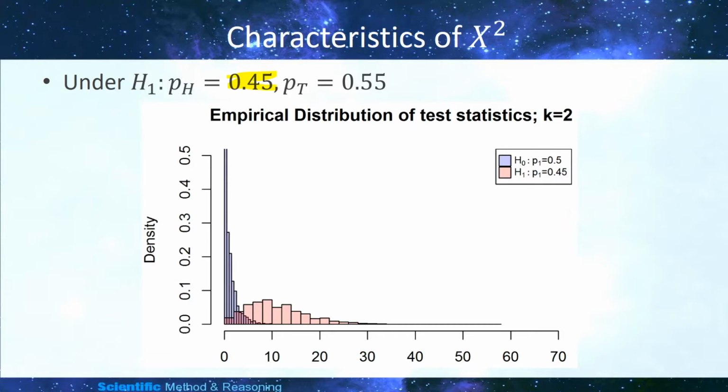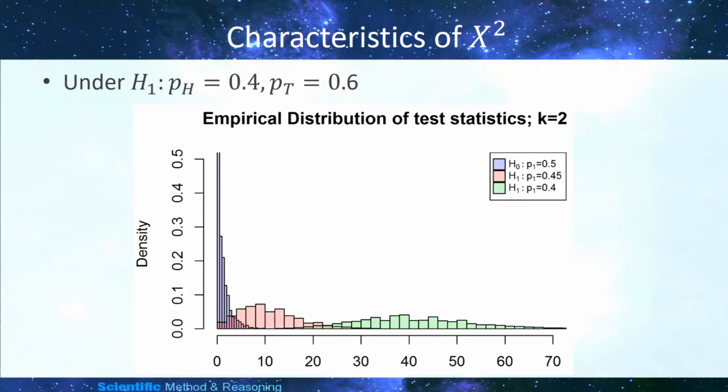The purple one is the distribution under the null, and the pink one is the distribution under the alternative, where the proportion of getting a head equals 0.45. You can easily see that under the alternative hypothesis, the value of the test statistic tends to be very large, as large as 20 or even 30.